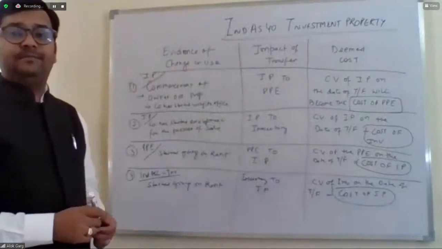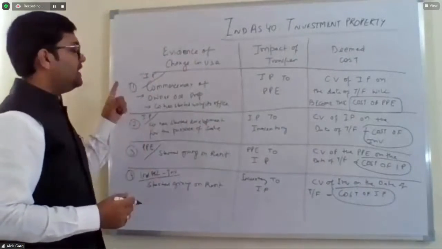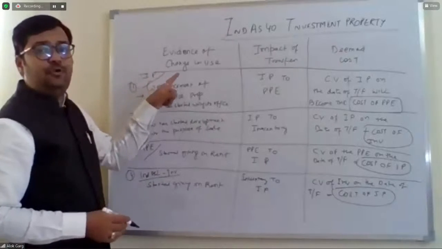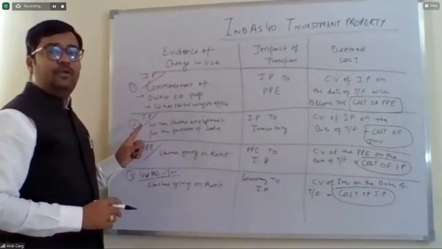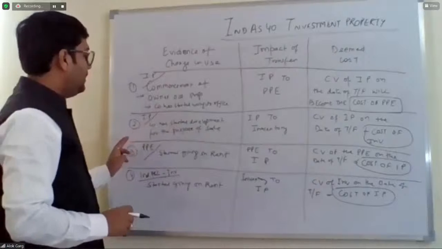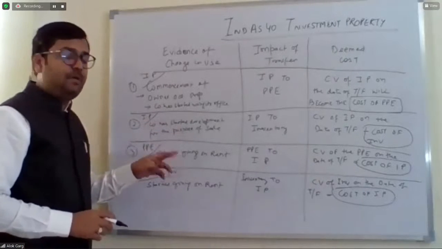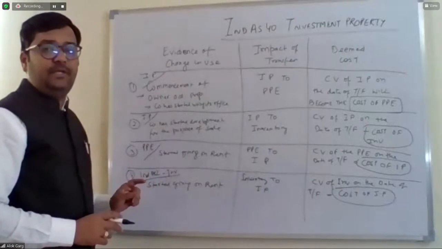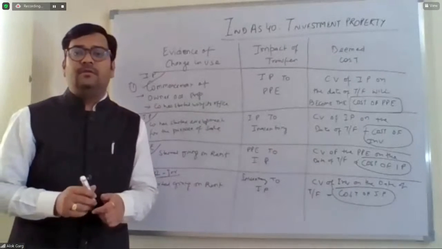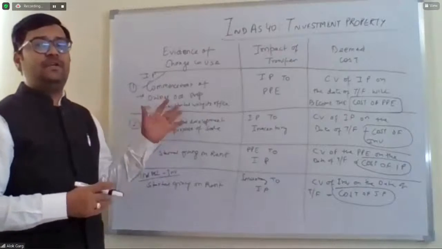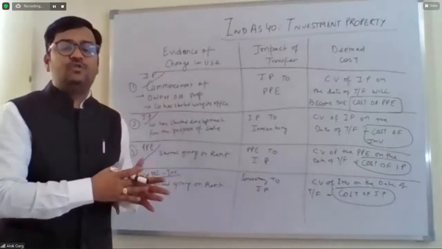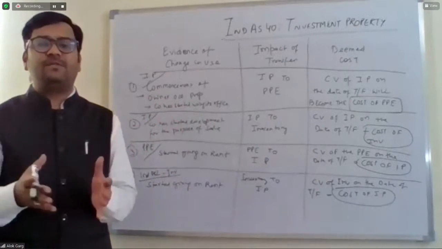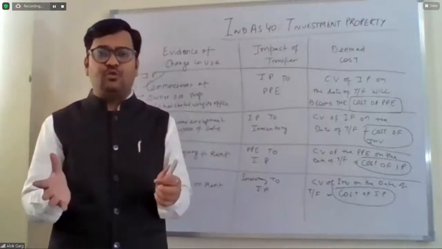Is it clear? Any doubt here? So first we are talking about investment property to PPE. Second, investment property to inventory. Third, PPE to investment property. Fourth, inventory to investment property. So we are discussing transfer to and from investment property. In case of transfer to and from investment property, there should be evidence of change in use.